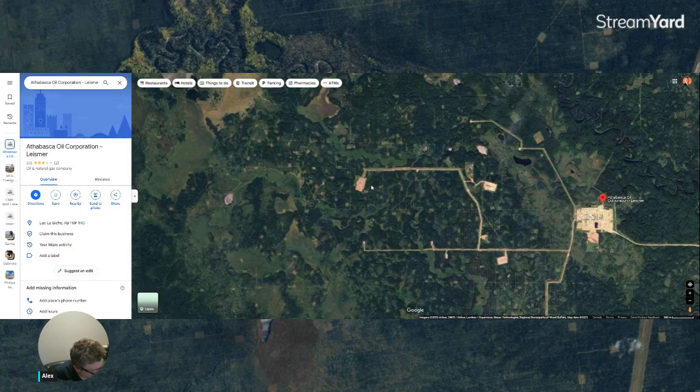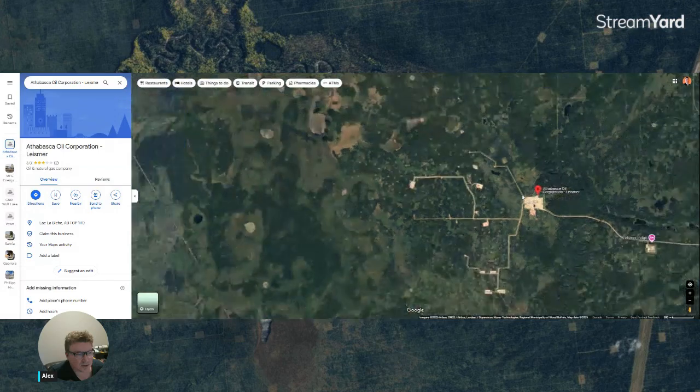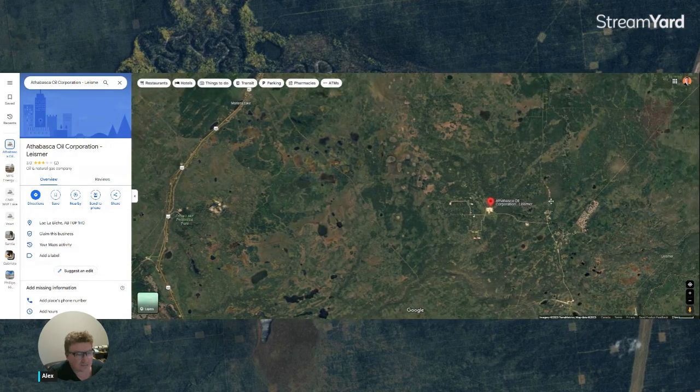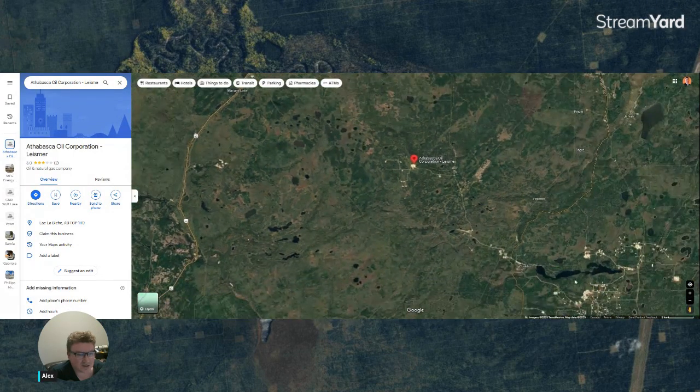So this asset right now, Athabasca Lismer, is about 26,000 to 27,000 barrels a day. SOR is slightly higher than the previous SORs. Here SOR is 3.3. But again, it's a fairly isolated location, and the geology deviates a little more from the Christina Lake regions.